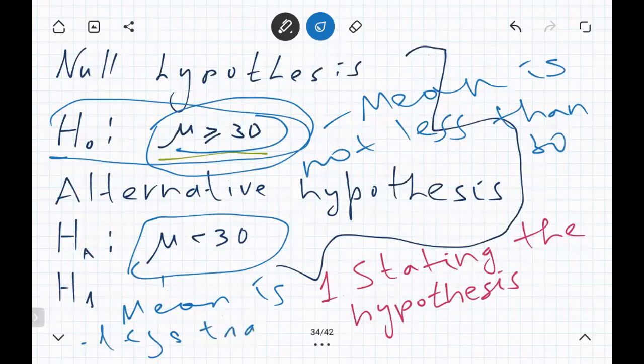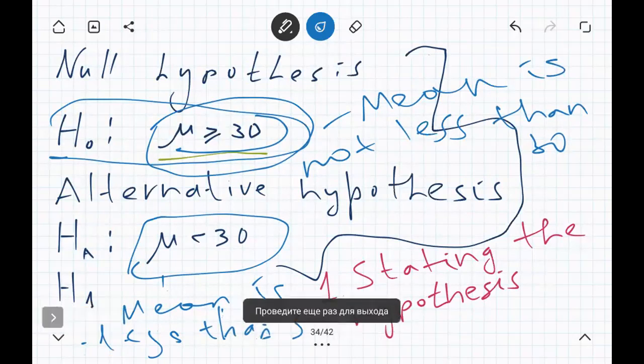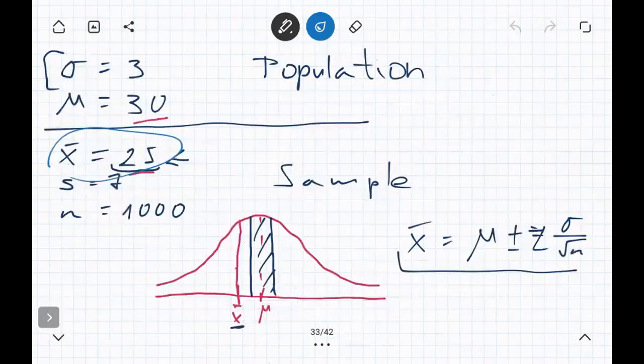So for this example, my result that the null hypothesis should be rejected just means that this 25 is not just some kind of an error. It means that there is really something going on that made our mean value smaller than it was.